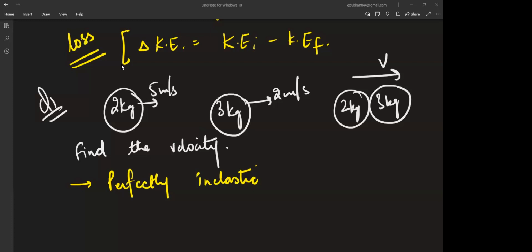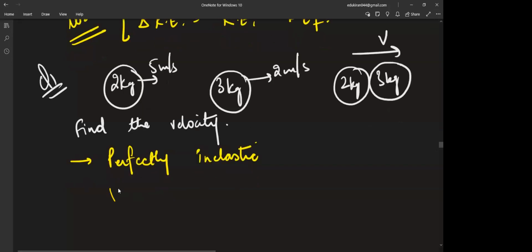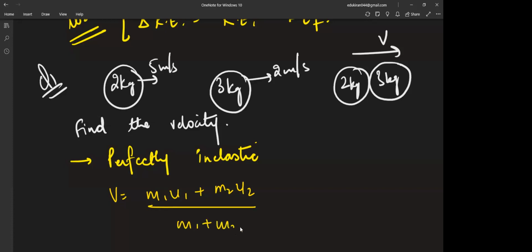See, we have to find the final velocity. One body is 2 kg at 5 meter per second, the other is 3 kg at 2 meter per second. If it's perfectly inelastic, how will we find it? Velocity will be (m1 u1 plus m2 u2) divided by (m1 plus m2).